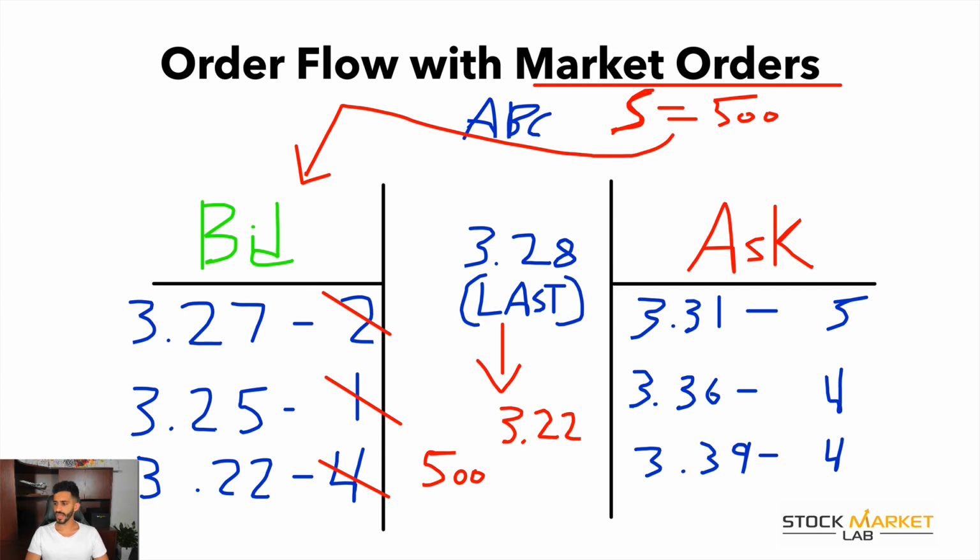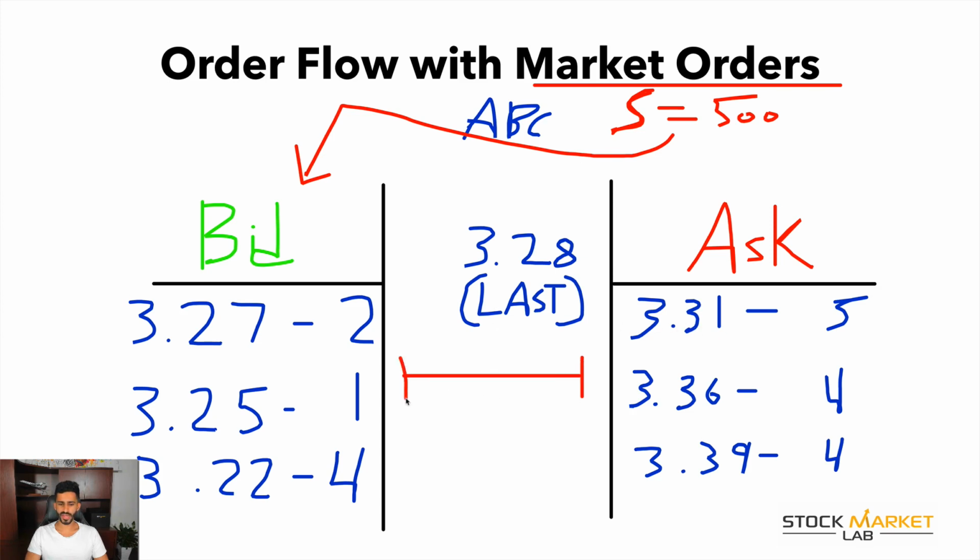Now, to go a little deeper, with some stocks market orders are not the best option because, like I mentioned, there's something called a spread. What the spread means is the difference between the bid price and the ask price. In this situation, the spread is 4 cents.